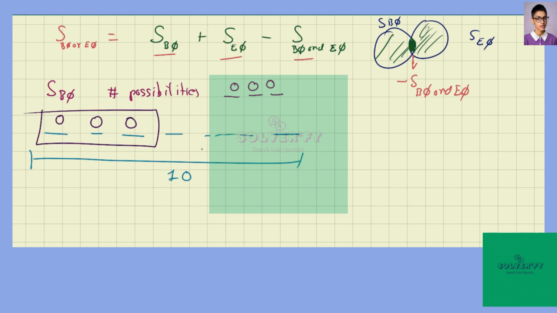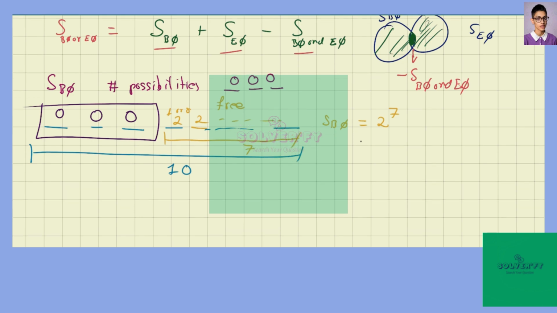So we end up with a remaining 7 positions that are free of choice. At each position, because it is a bit string, we can put either 1 or 0, so we have 2 possibilities here, and in the next we have 2 possibilities, and so on. So S_B, those strings that begin with 3 zeros, are going to be 2 to the 7, all the possible ways to arrange these kinds of strings.